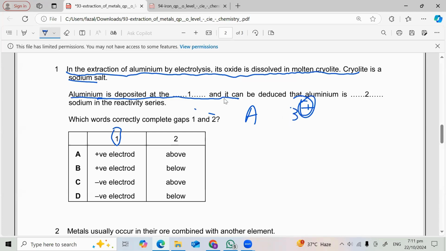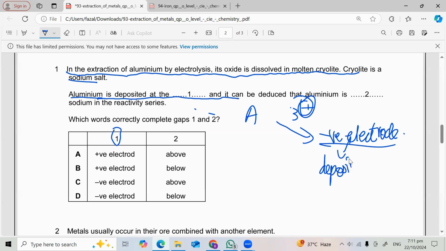So because it's positive, it will always go to the negative electrode, okay? So it will always be deposited at the negative electrode. So now we can say that it will be either C or D, okay?